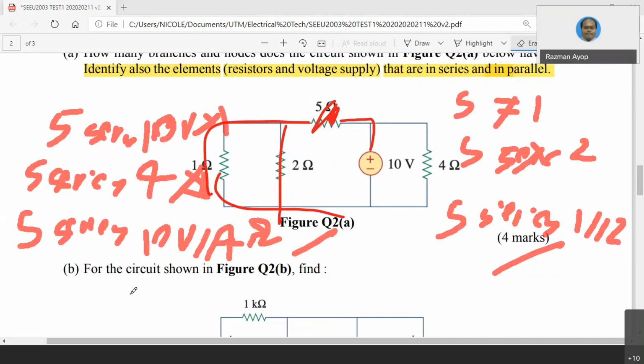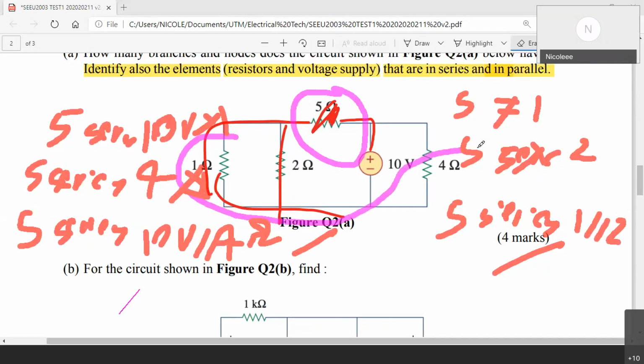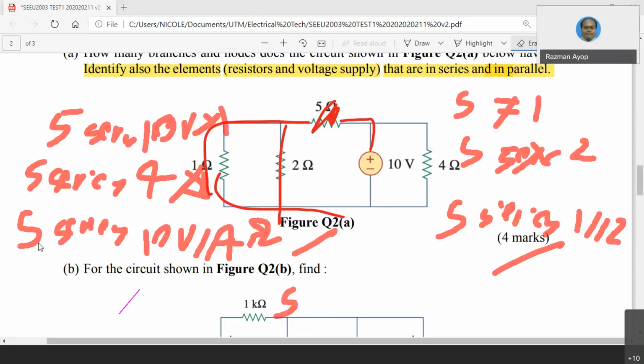I can see. But if I were to say that this 5 is in series with all 4 of these elements, is it right? Yes, but you have to write it carefully: 5 is in series with 1 parallel with 2, and 10 parallel with 4.